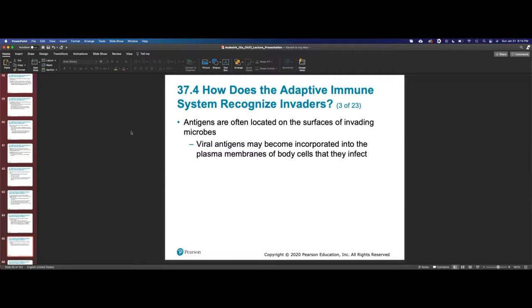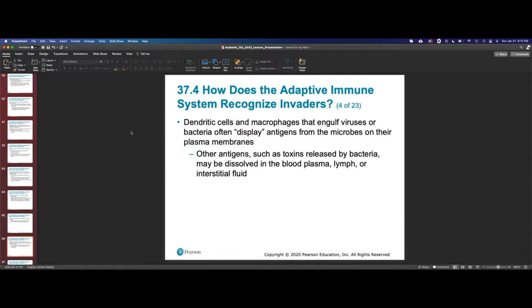And so whenever a virus is active in a cell, it'll actually cause the protein tags on the outside of the cell to change, and new tags may get introduced, and some of those tags are going to be recognized as foreign because they are induced by the virus. They're not normally there, so if they aren't normally there, they're foreign.